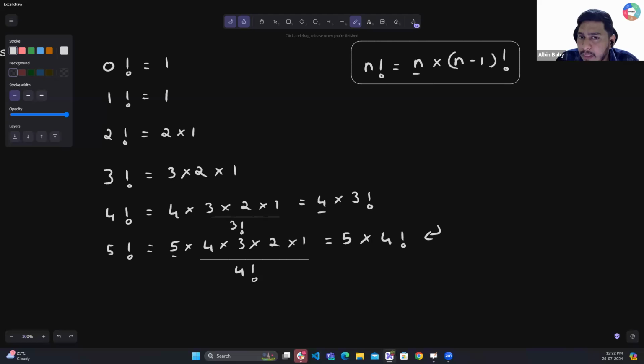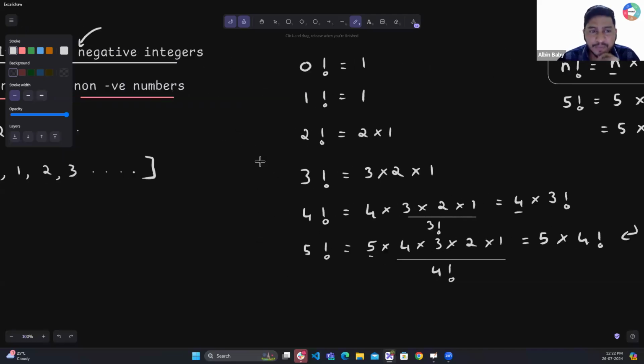If you want to find 5 factorial, it will be 5 into (5 minus 1) factorial, which is 5 into 4 factorial. Now clear? I can break it down.